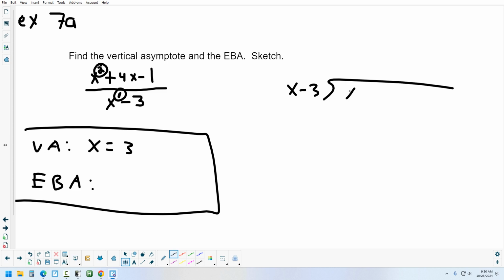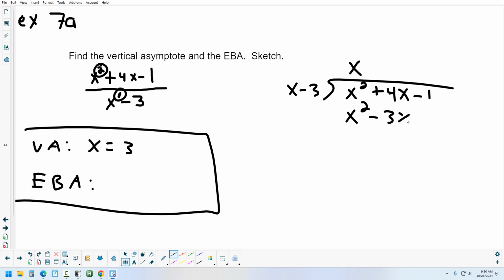So we have x squared plus 4x minus 1. What do you get when you divide x squared by x? You get x. What's x times x? And x times negative 3. Negative 3x. And what are we going to do with our columns?